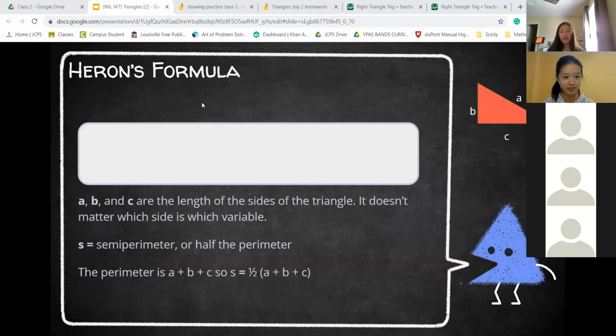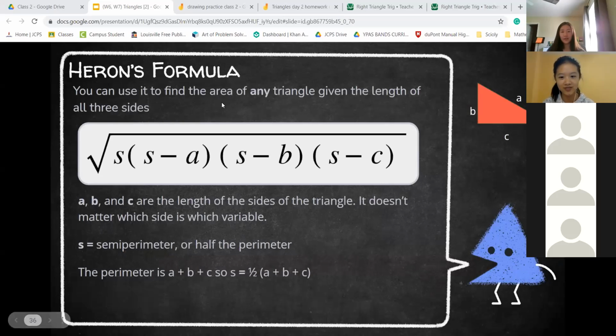So Heron's formula is this, and there are 4 variables in here, right? A, B, C are the side lengths of a triangle, and it doesn't matter which side is which variable.